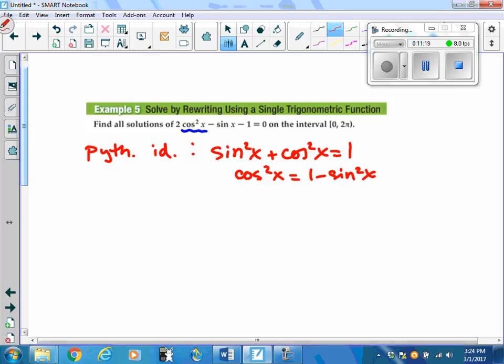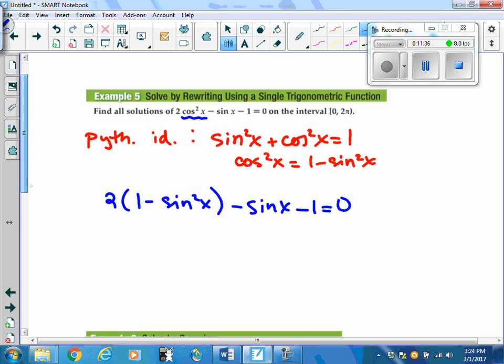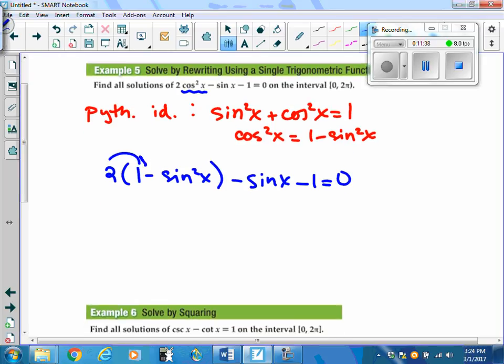Where I see the cosine squared, I'm going to replace it with 1 minus sine squared, and then write the rest of your equation. And I want to do a little simplifying here, so I'm going to distribute. That gives me 2 minus 2 sine squared x minus sine of x minus 1 equals 0.